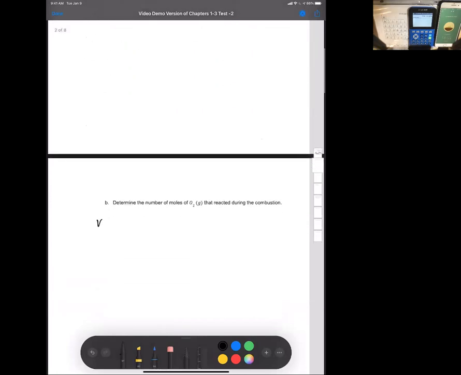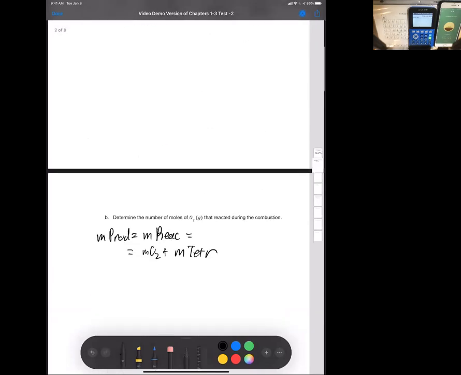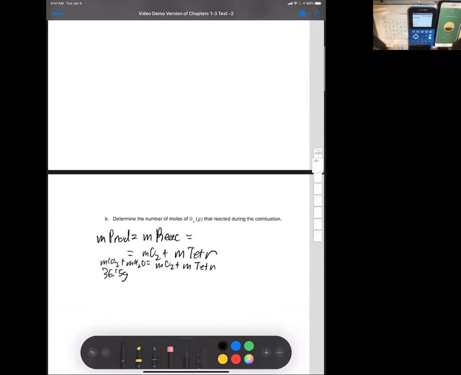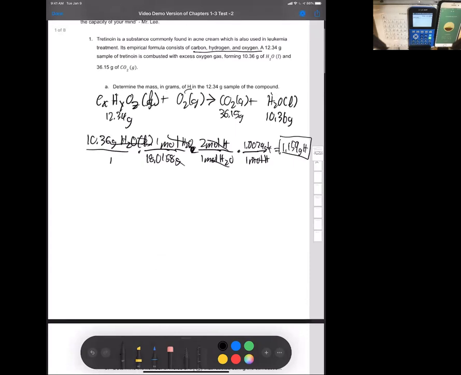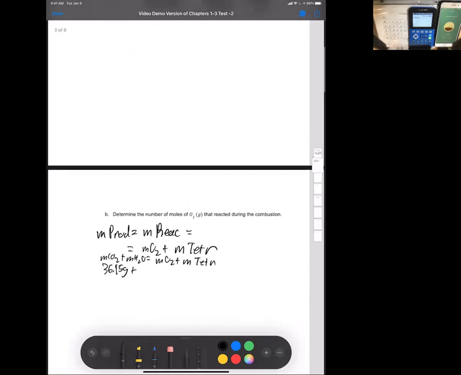The mass of products equals the mass of reactants, so the mass of CO2 plus the mass of H2O equals the mass of O2 plus the mass of the substance. This is a really conservation-of-mass-heavy question.